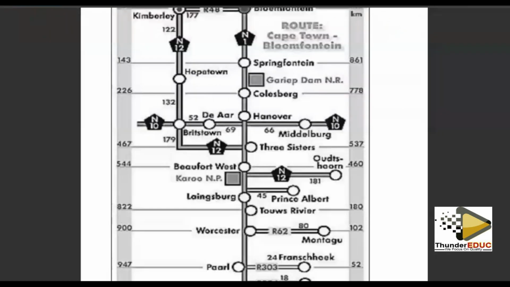So let's go to the next chart. We shall look for Colesberg. It's at 778. All right, then we go to Beaufort West. It's here, Beaufort West at 460. Now, if you're using the right-hand side, we need to subtract the bigger number minus the smaller number to get the distance.